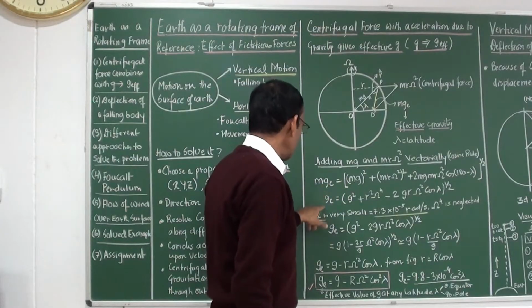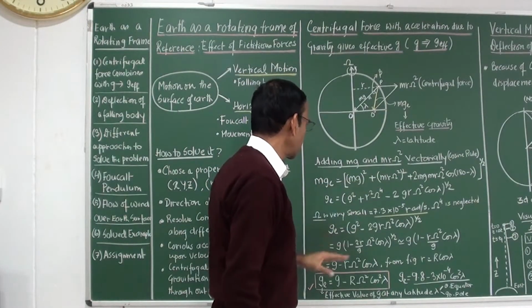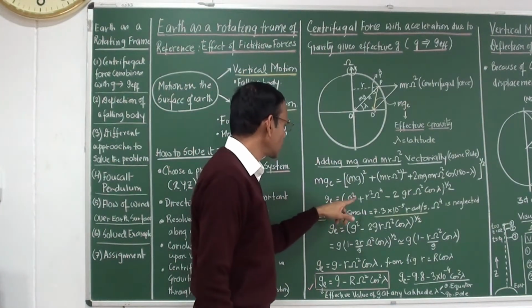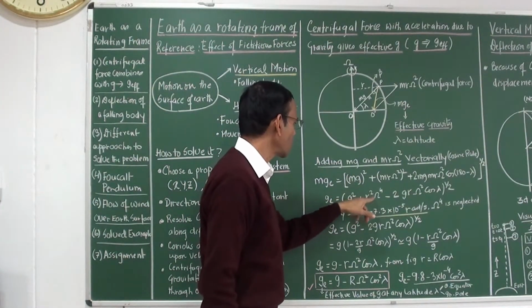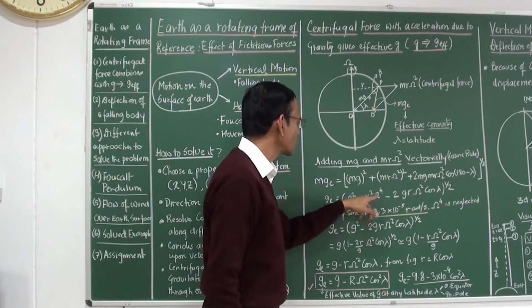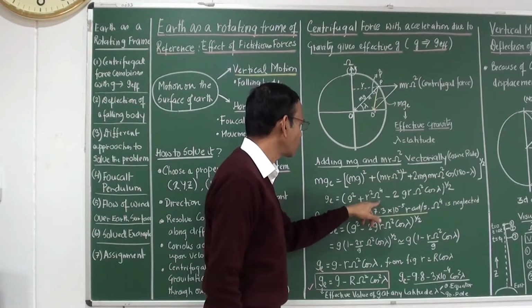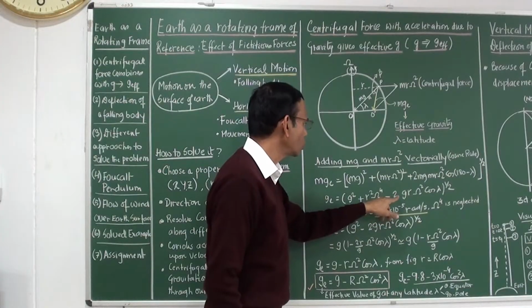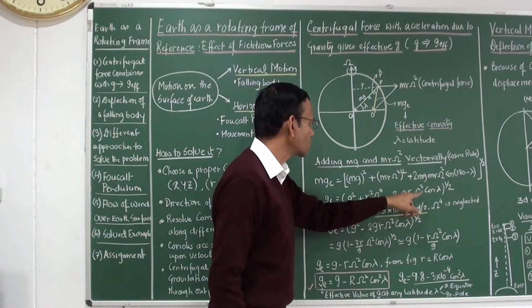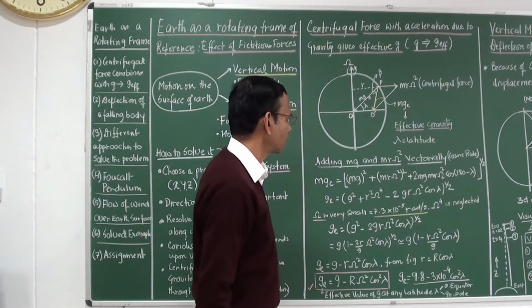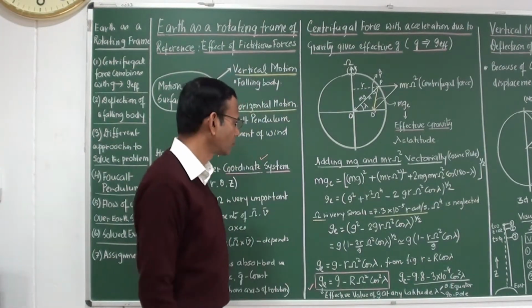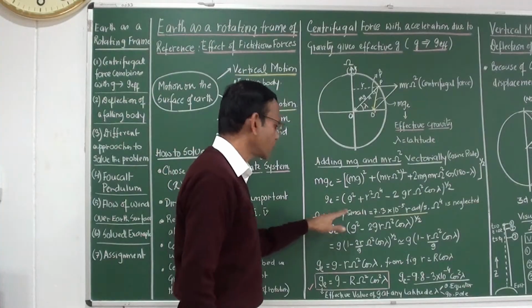Now dividing by m, or cancelling m throughout, g E is g square plus r square omega to the power 4 minus 2 g r omega square cos lambda, since cos of 180 degree minus lambda is minus cos lambda. Now omega is very small.